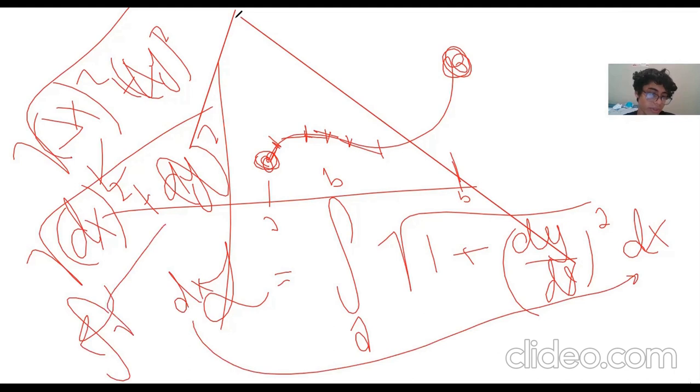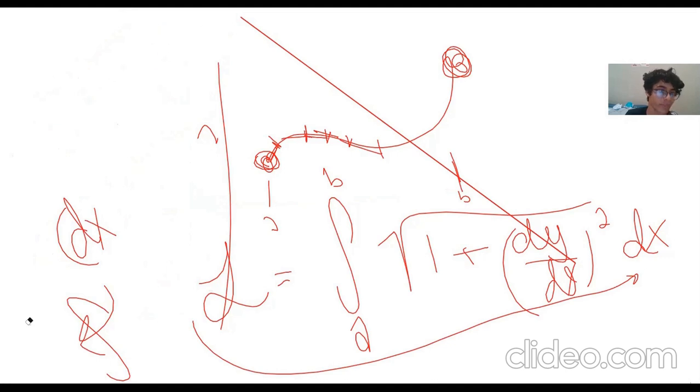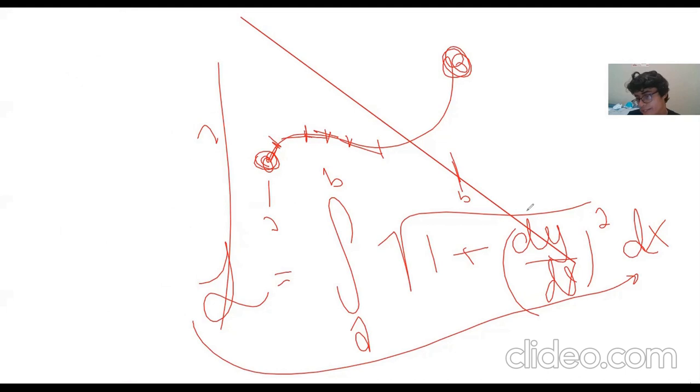And then you have the square root of 1 plus, don't forget, you need to divide out the dy over dx part by the dx that you factored out, right? And so that's where that whole equation kind of comes from. Very messily and quickly and not rigorously showed you the background to the equation, but that's how you remember it, right? You just factored something out.